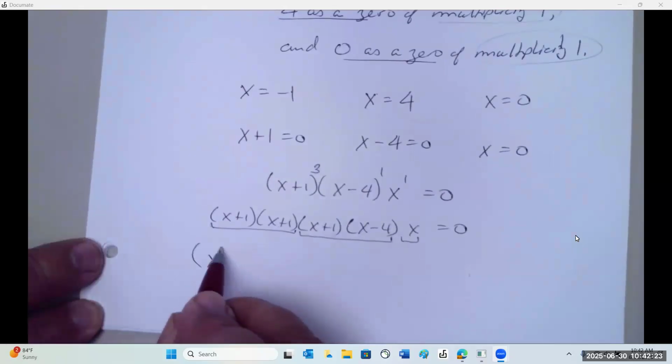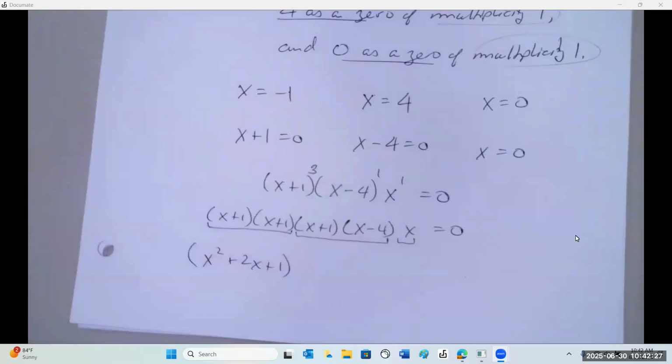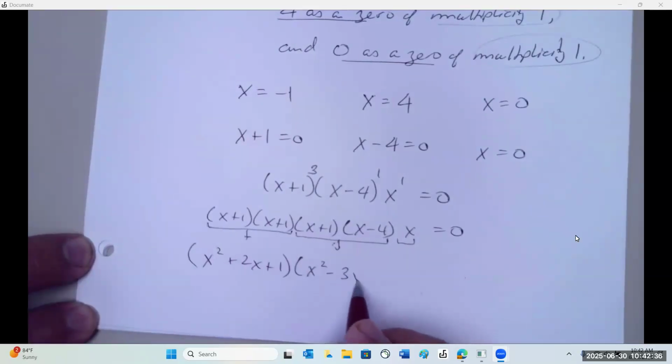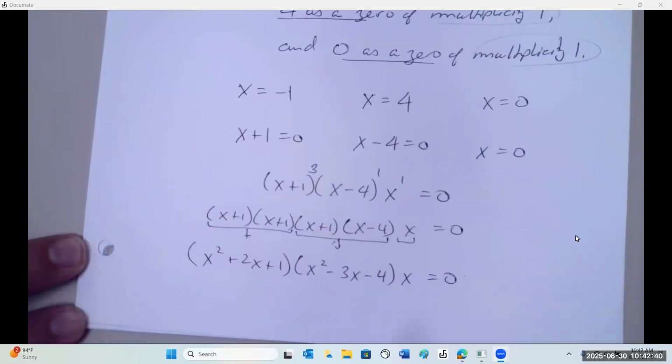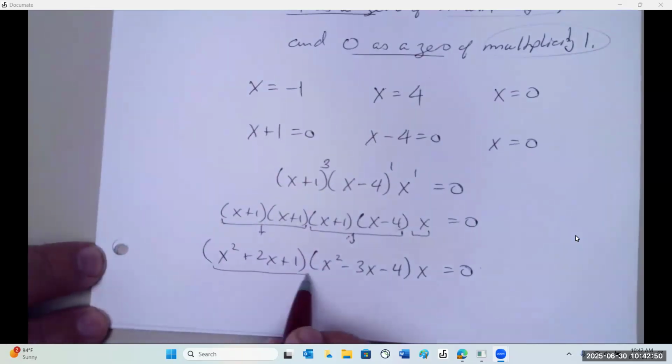You'll get x squared plus 2x plus 1 after it's all said and done. These two will give you x squared minus 3x minus 4. Again, you should know how to multiply polynomials by now. You could multiply these two together.